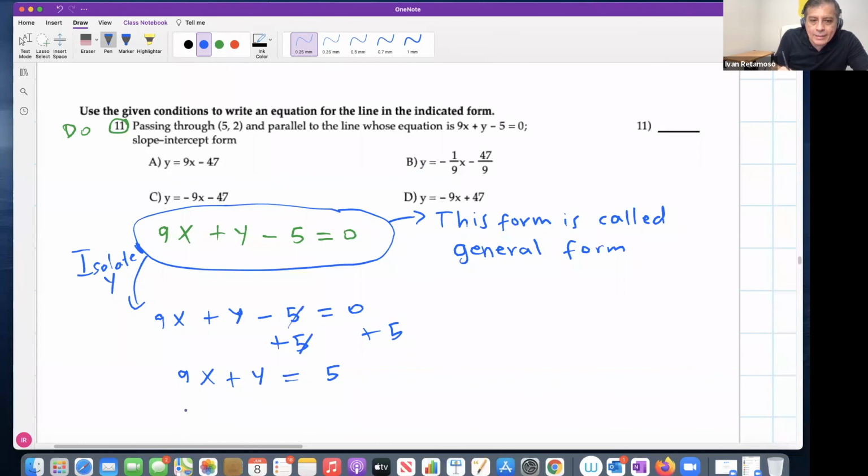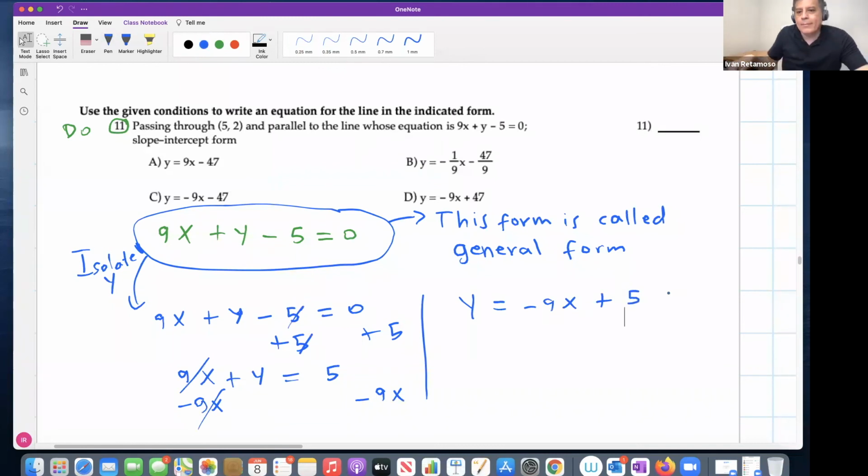But also subtract 9x from both sides. As a result, after canceling these two, y is equal to minus 9x plus 5. This is now in slope intercept form, the form that we are used to working with.